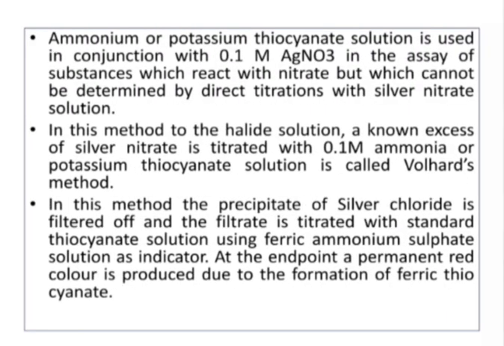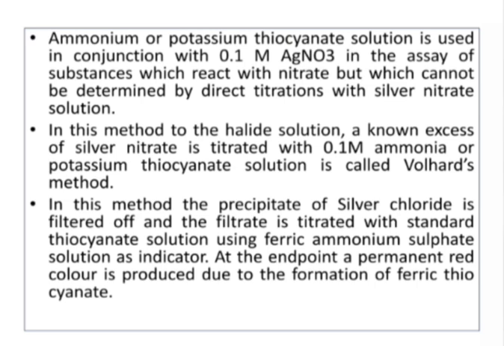Ammonium or potassium thiocyanate solution is used in conjunction with 0.1 M silver nitrate in assay of substances which react with silver nitrate but cannot be determined by direct titration with the silver nitrate solution. In this method, to the halide solution, a known excess of silver nitrate is added and titrated with 0.1 M ammonium or potassium thiocyanate solution.